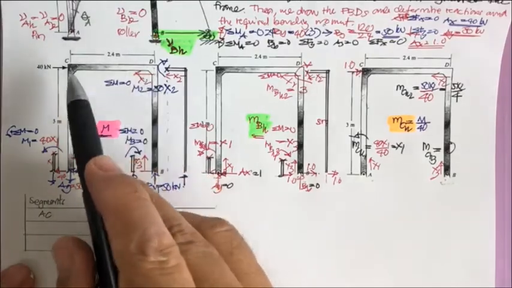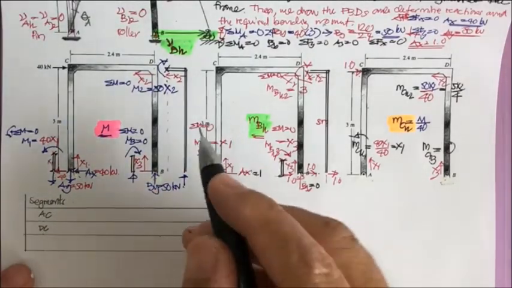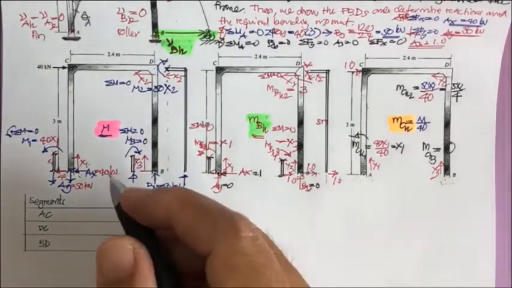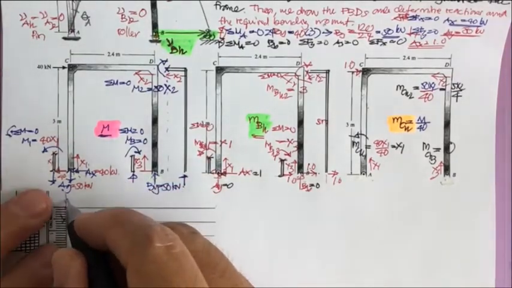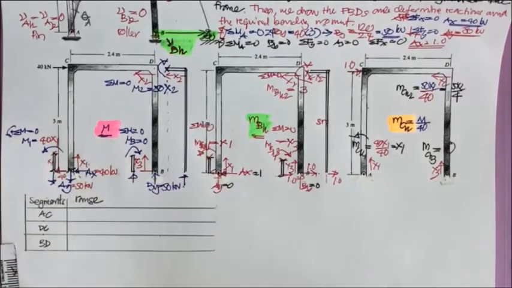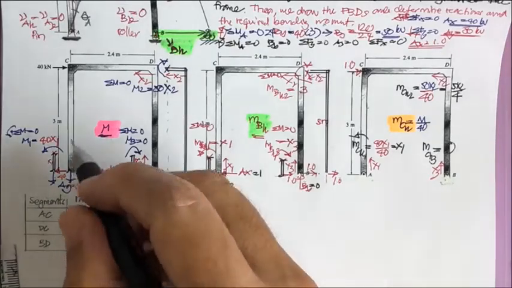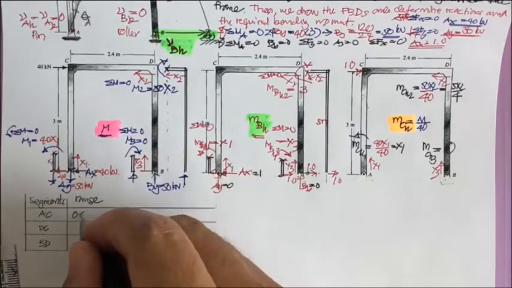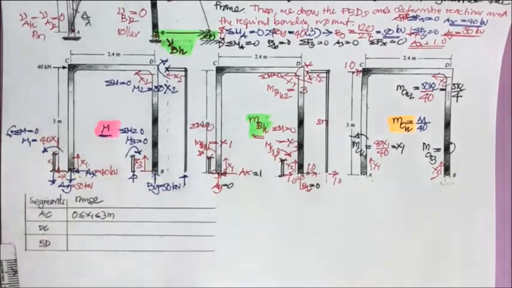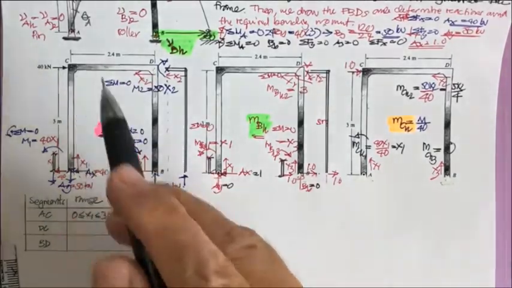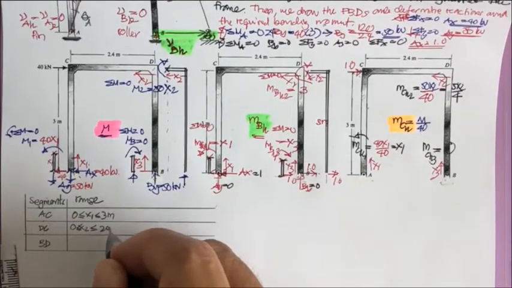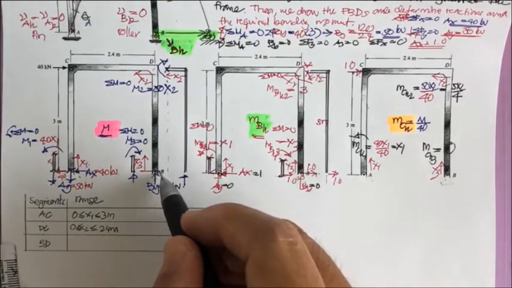From D to C, DC. And from B to D, BD. And also you have the length: this one from 0 to 3 meter, this one from 0 to 2.4, and this one from 0 to 3.